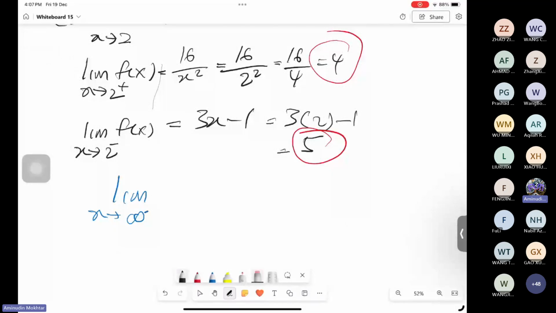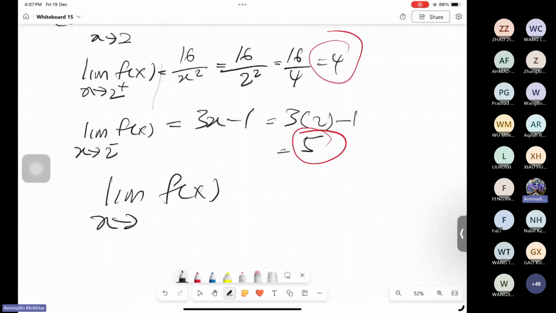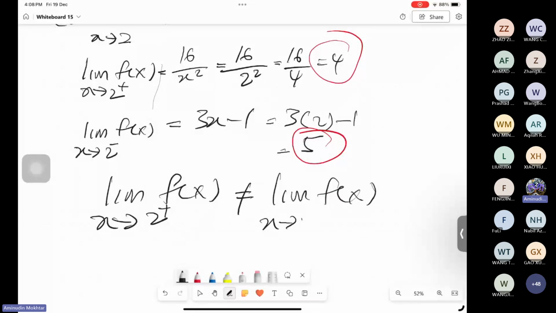The limit of f(x) when x approaches 2 from the right does not equal the limit of f(x) when x approaches 2 from the left.